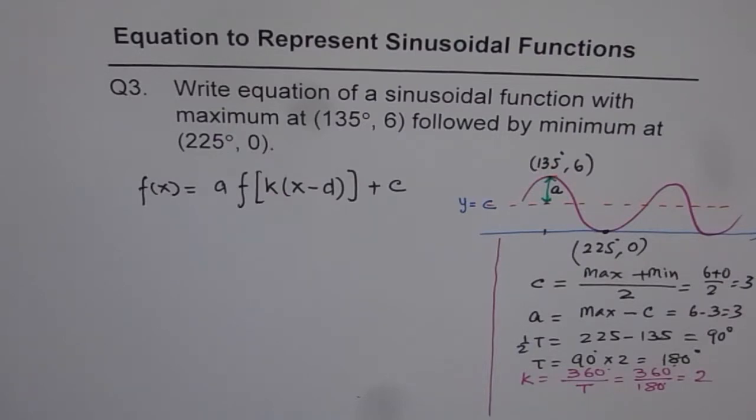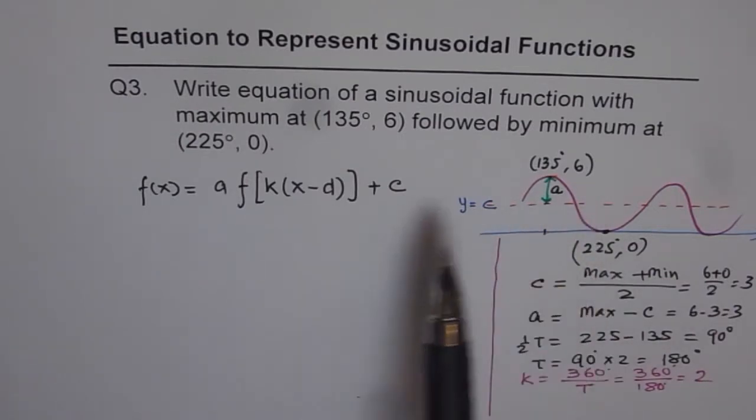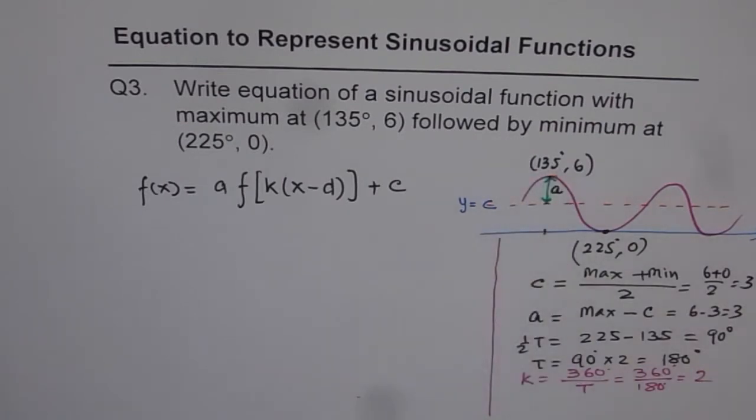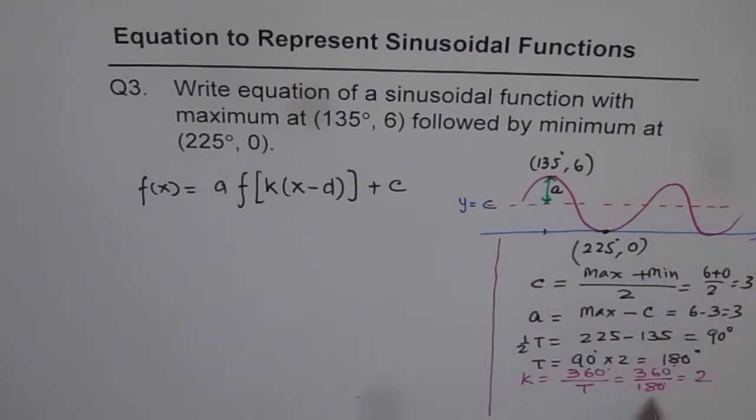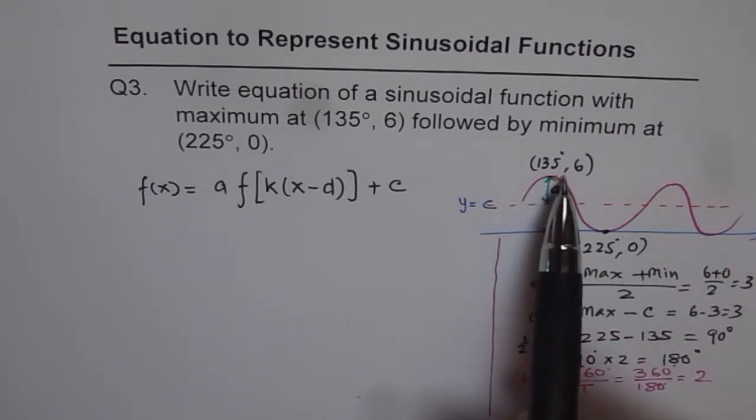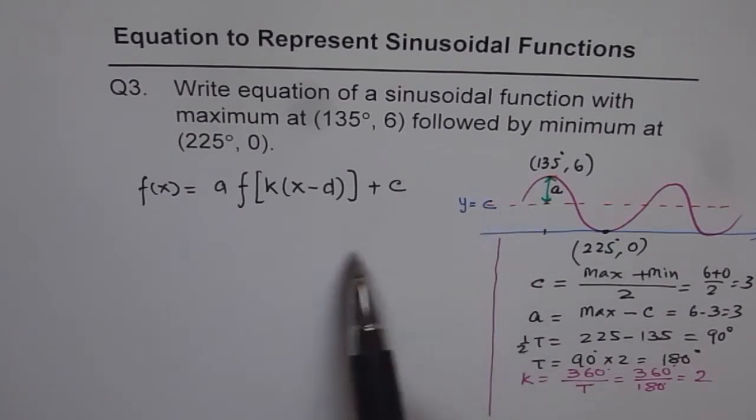So that is how we can get all these values. Now one way is to start with the cosine function and say the first maximum occurs at 135, and the time period is 180, so the previous maximum will be 180 before that, on the negative side. So the first maximum which we are getting is at 135.